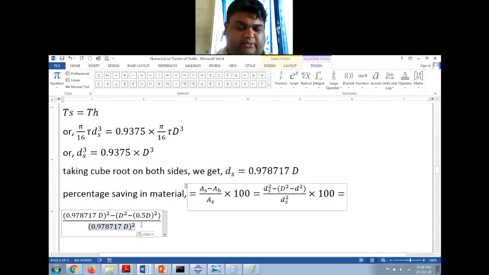I'll do this in my calc because this calculator will take time for me. So it is 0.8717 square minus 1 minus of 0.5 square. So D square is there everywhere, so that will get cancelled. Is this much divided by 0.978717 square into 100. I missed that part.